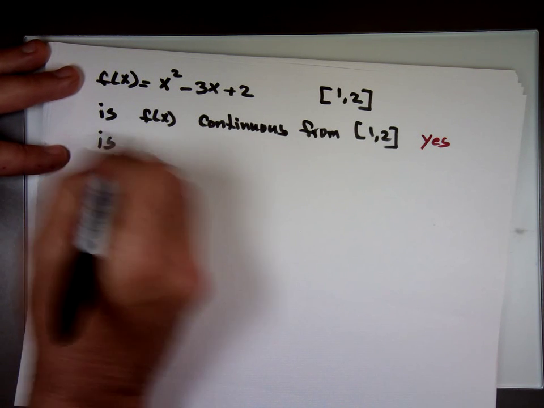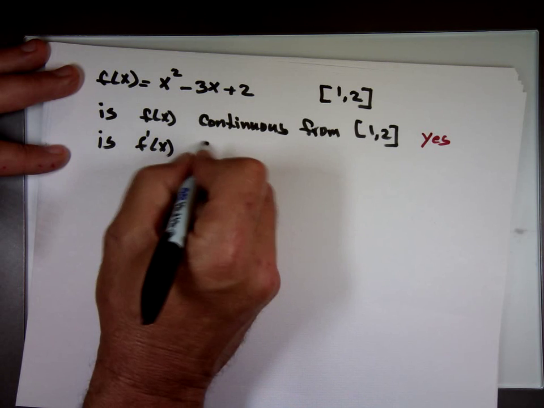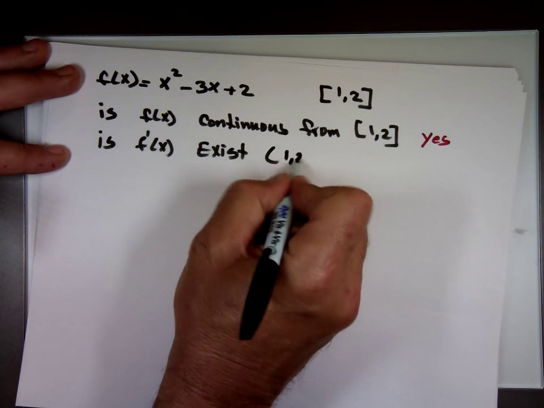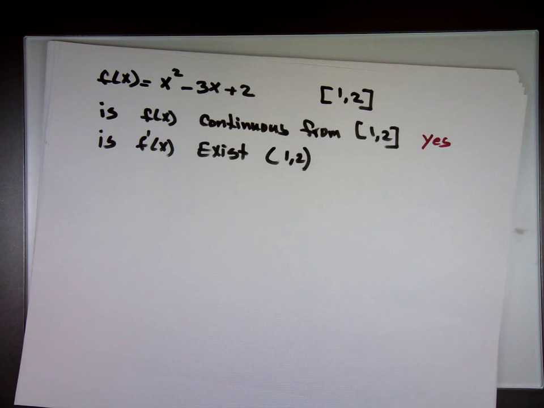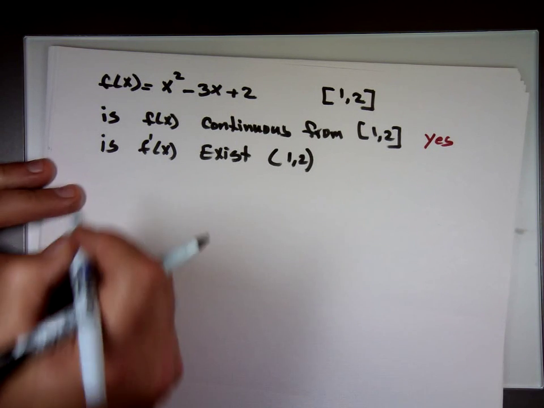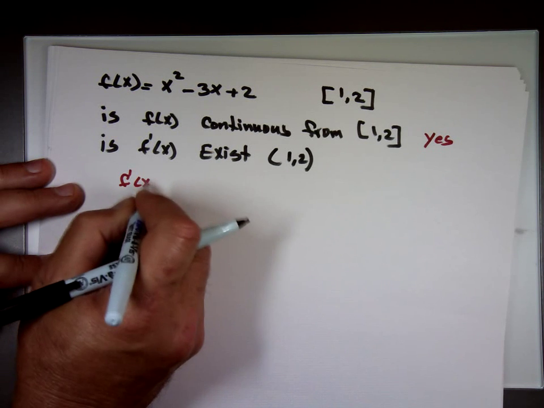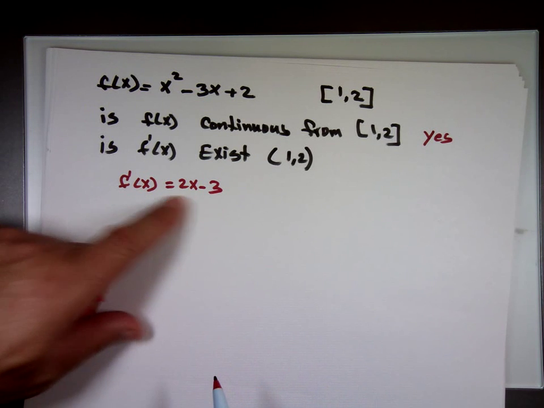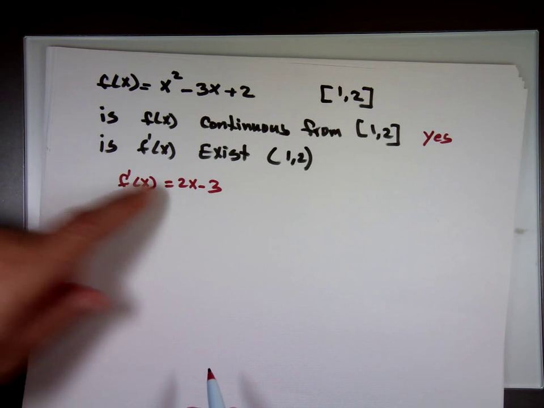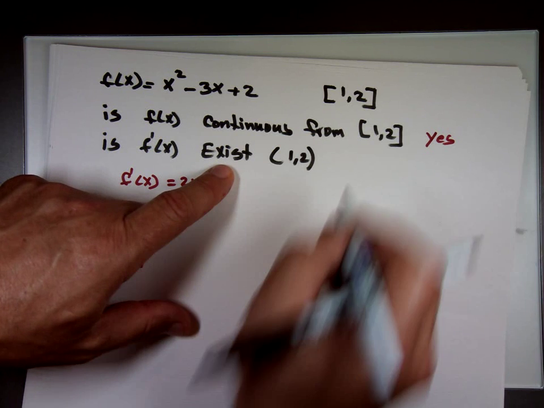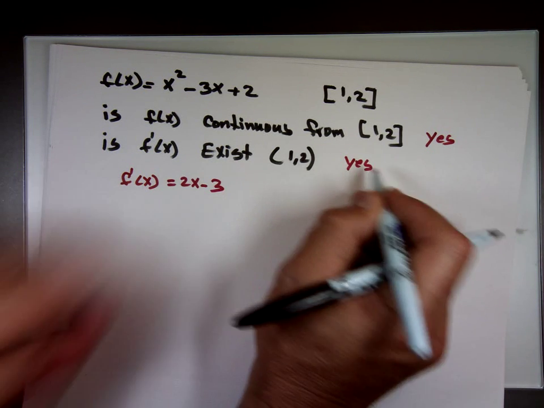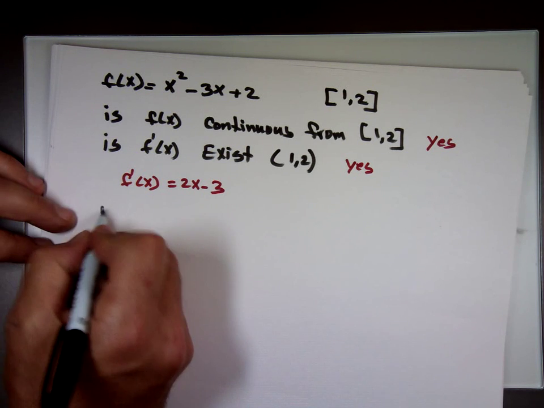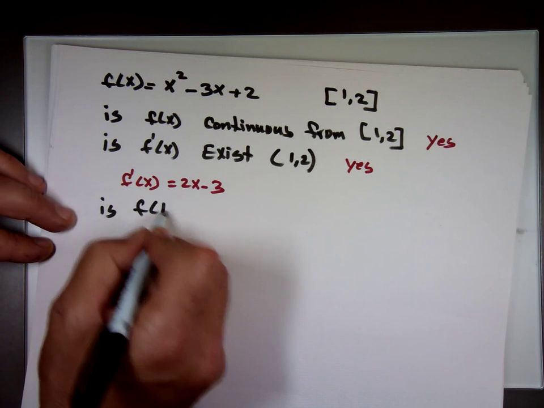Does f prime of x exist as we go from 1 to 2? Well, if you take the derivative of that, what's the derivative? 2x minus 3. Is there a value where the derivative does not exist if you plug it in? No. So does f prime of x exist? Yes. That's condition 2. What's condition 3? Is f of 1 equals f of 2?